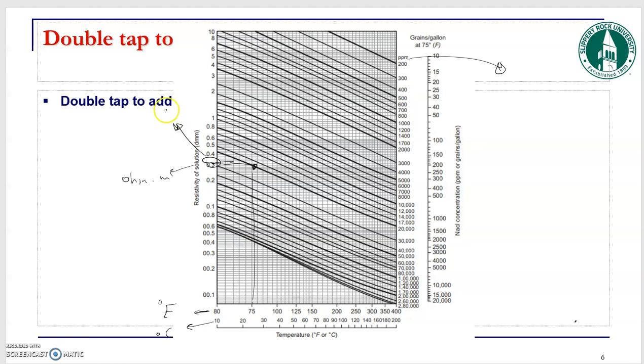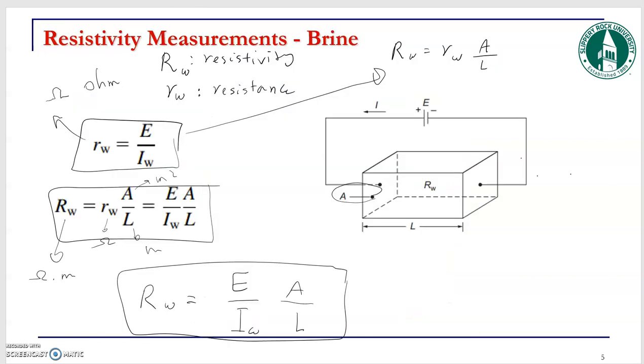In this case it is 0.3. So 0.3 ohm meter at 75 degrees Fahrenheit and 20,000 ppm brine solution, right? So that's how you use this chart to find your water resistivity, or Rw, which we talked about here.